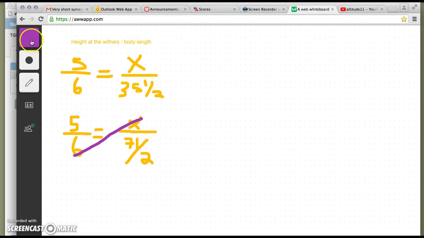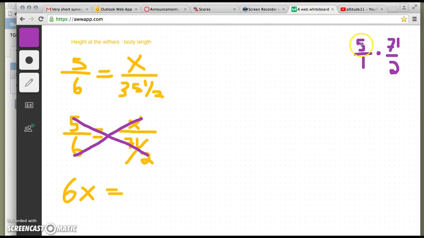All right, so cross multiplying here, we're going to get 6 times x, which is just 6x, is equal to, and then multiplying on our other diagonal, we have 5 times 71 over 2. Let's do some side work over here. So we're going to have 5, aka 5 over 1, times 71 over 2. So remember, when you're multiplying fractions, guys, we are just multiplying straight across.